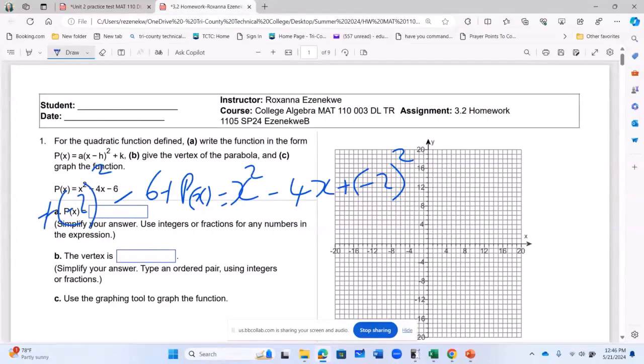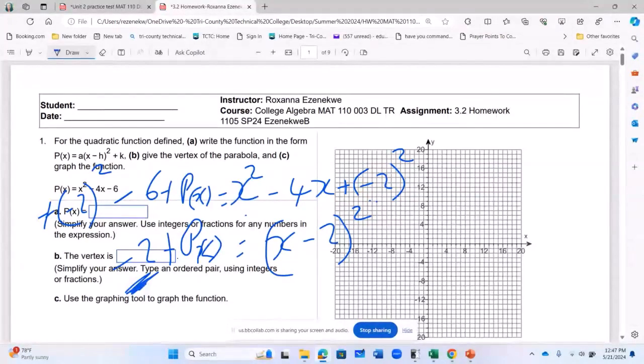And I'm going to add negative 2 squared here too. Whatever you do to the left-hand side, do it to the right-hand side. Simplify: this is 4 minus 6, so I have minus 2 plus p of x. Right now, I will take the square, so (x minus 2) squared. At this point, I will move this constant term back to the right.